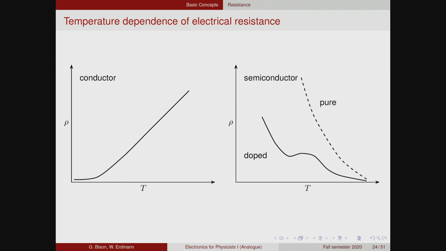The resistance increase because the free path length decreases a little bit is not so important in semiconductors, because it's compensated by the exponential growth of charge carriers with temperature. And so in semiconductors, with increasing temperature, the resistivity decreases.